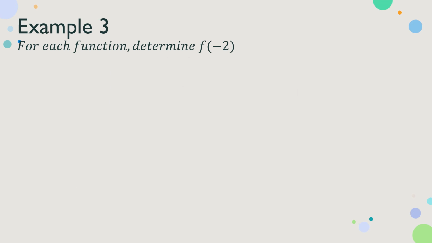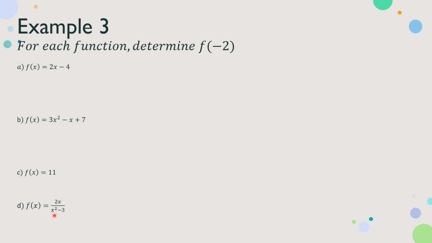Okay, let's practice some of these. So for example 3, for each function, determine f of negative 2. Okay, so here are a couple functions. We have a linear, we have a quadratic, we have f of x equal to 11. We call this a constant because it's always 11.